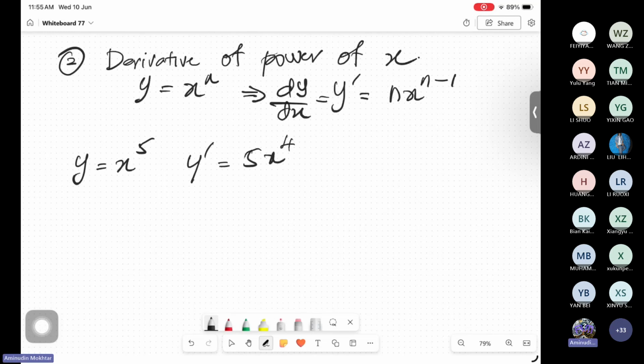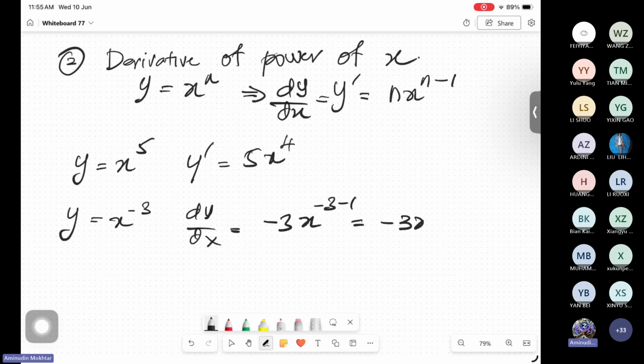Again, I have this function y equal to x to the power of, let's say, negative 3. The first derivative dy/dx equal to negative 3x to the power of negative 3 minus 1. So this is equal to negative 3x to the power of negative 4.